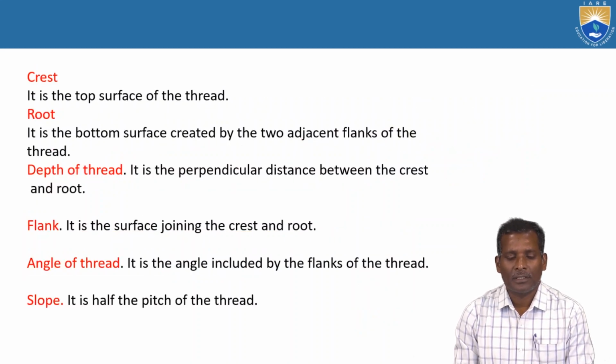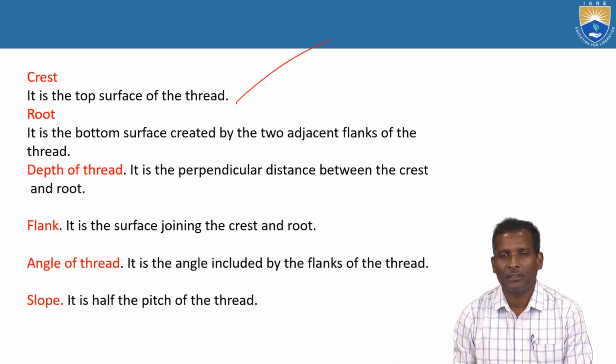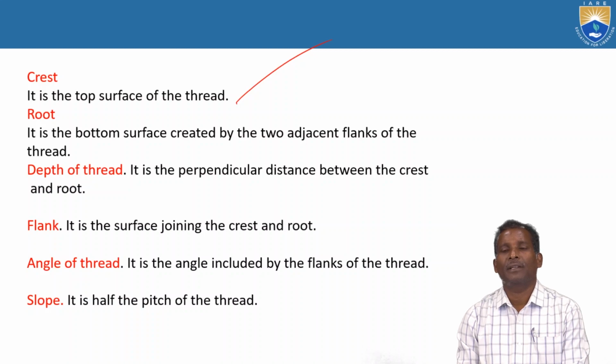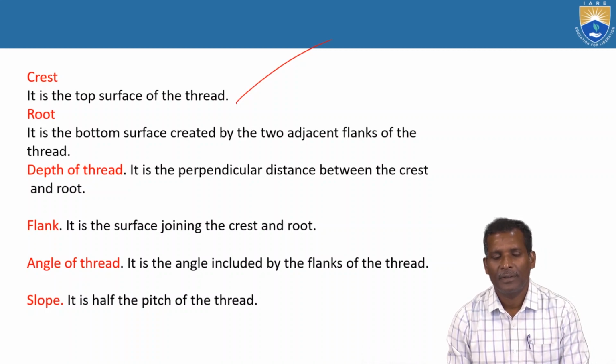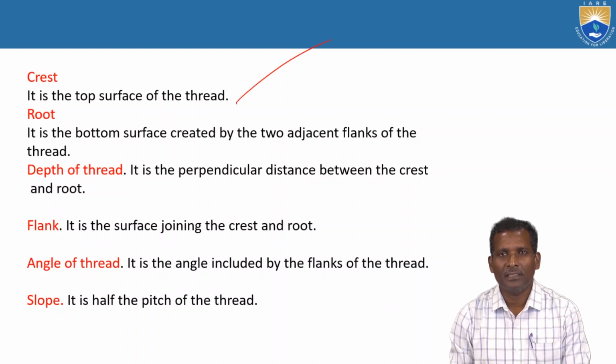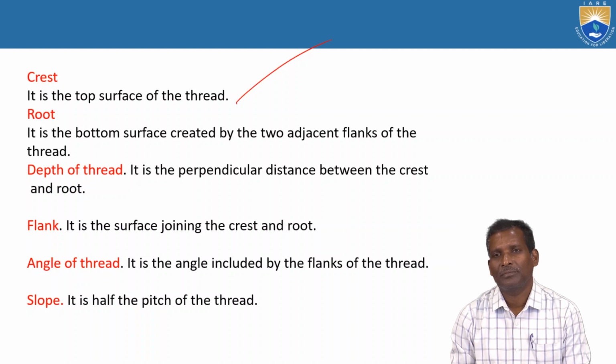Crest, as we already discussed, is the top surface of the thread. The bottommost surface is called the root, the surface created between two adjacent flanks of the thread. The flank is the surface joining the crest and root.